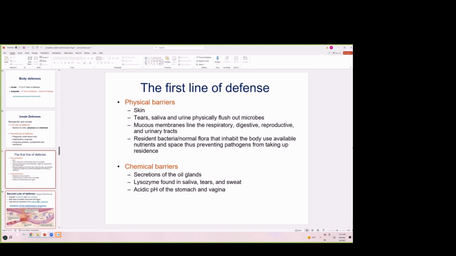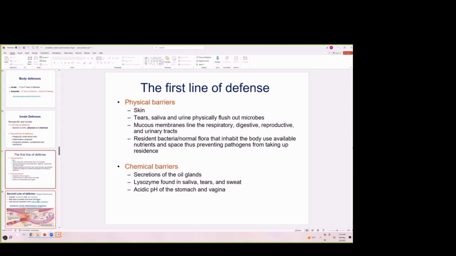Our skin, I was mentioning, produces some oils that come from oil glands underneath in our dermis area and come up to the surface. They are called sebaceous glands, and they produce sebum. These oily secretions have material that makes some pathogens not able to grow.